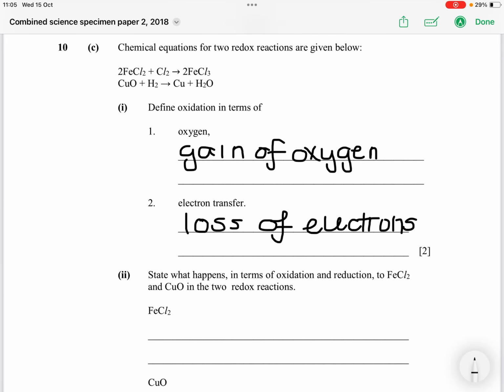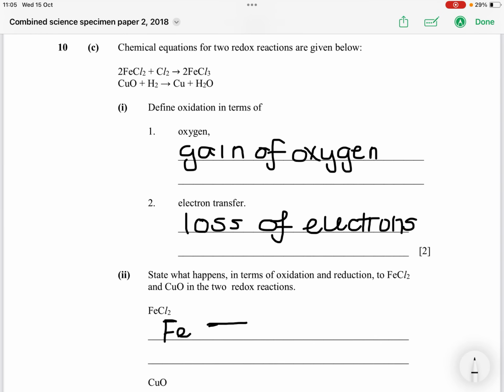And then on part 2, state what happens in terms of oxidation and reduction to iron 2 chloride and copper oxide in the 2 redox reactions. So for iron chloride, iron is oxidized as it loses 2 electrons. So this is what is happening.